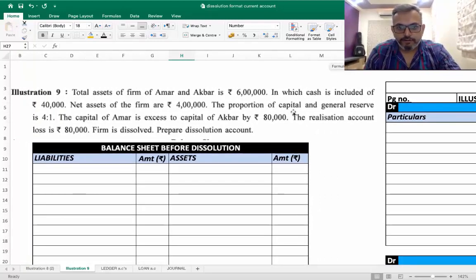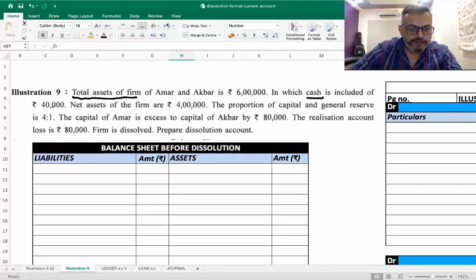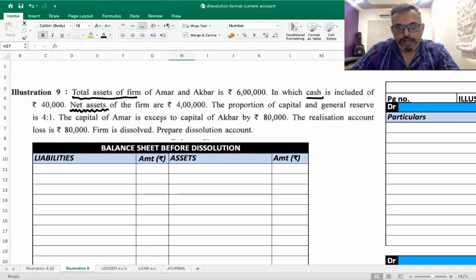Total asset of the firm of Amar and Akbar is 6 lakh, in which cash included is 40,000. The net assets of the firm are 4 lakh.